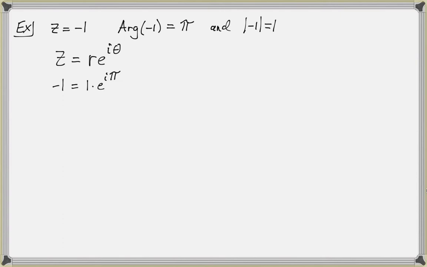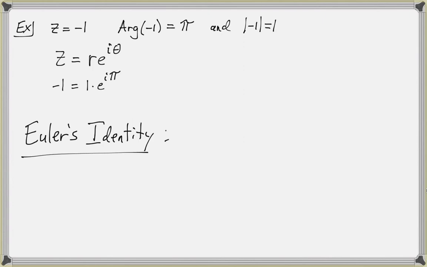And by adding 1 to both sides of this equation, we get the beautiful identity called Euler's Identity. We have that e to the I pi plus 1 equals 0.